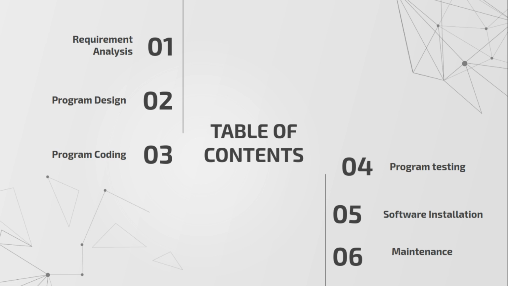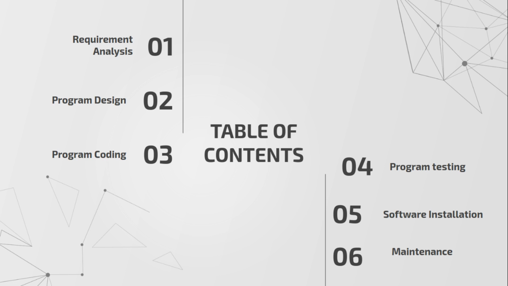After coding, we'll execute that, and we'll test whether it is producing the meaningful or expected result or not, whether that is valid or not. We'll go for that kind of testing, and then we'll install that particular software, the made software, the made program to solve the problem.